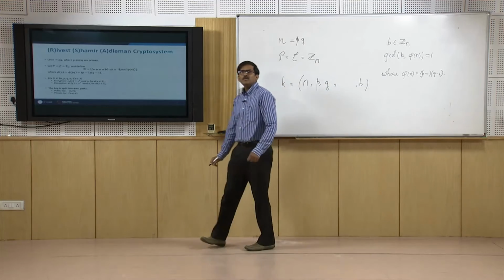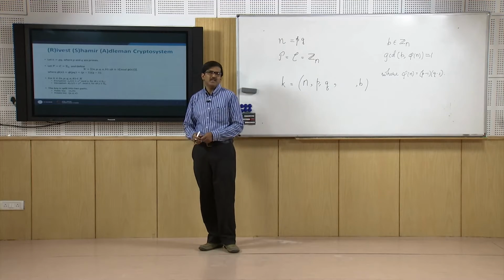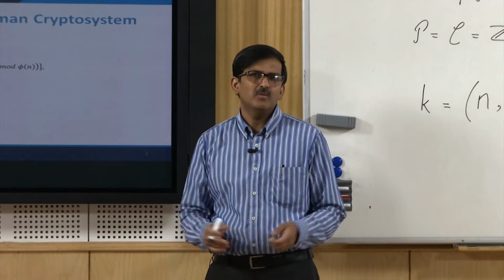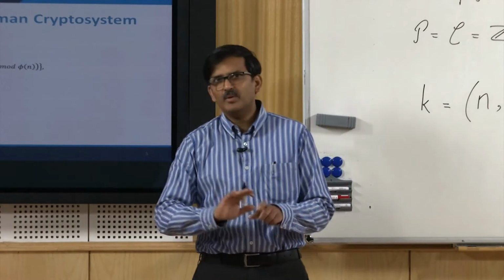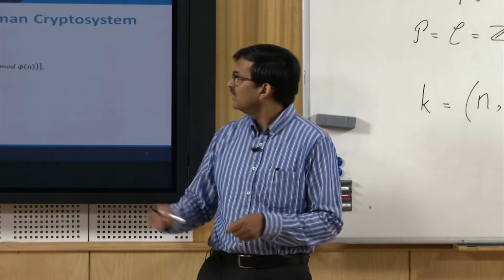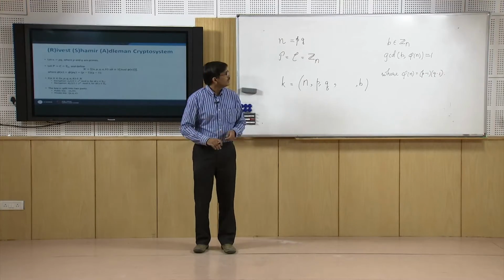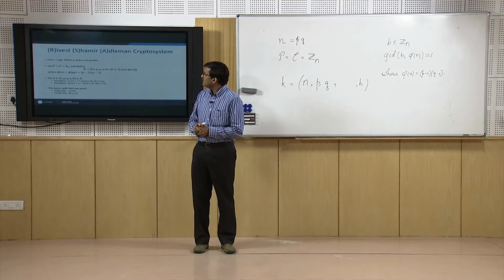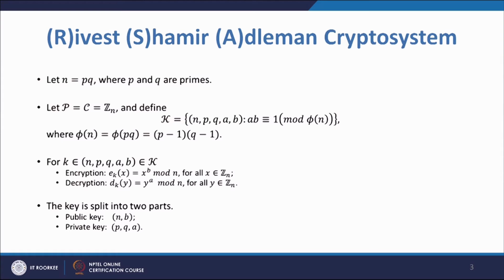Just a little afterwards we will be talking about phi n in more detail, and we will say what phi n really is, but right now we are not doing that. So, just remember that phi n is (P minus 1) times (Q minus 1).